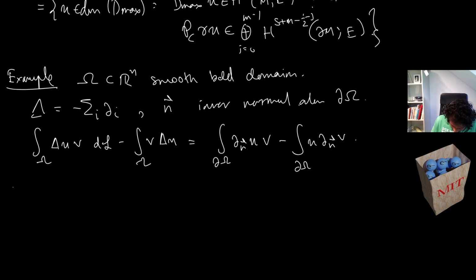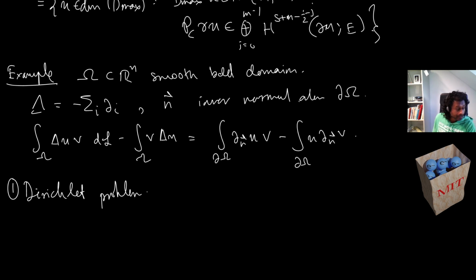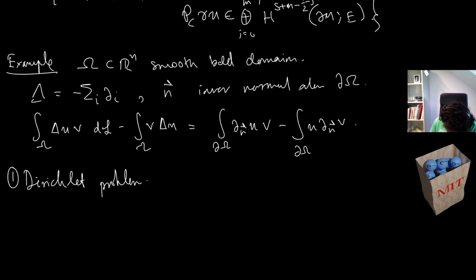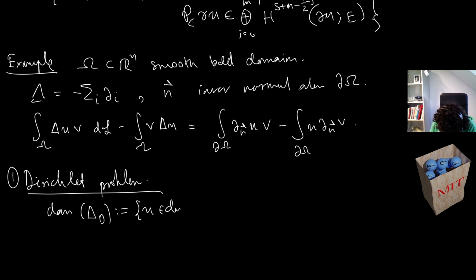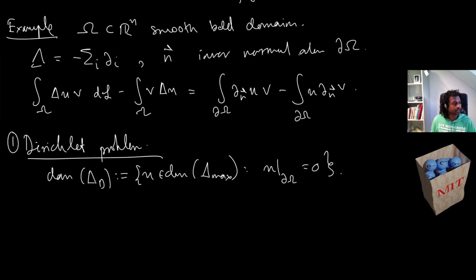Okay, so the Dirichlet problem. This is where we specify, typically, the domain of the operator. So we write the domain of the Dirichlet Laplacian D as the u in dom Laplace max such that the trace is 0. Okay. So what is the corresponding boundary condition, right?